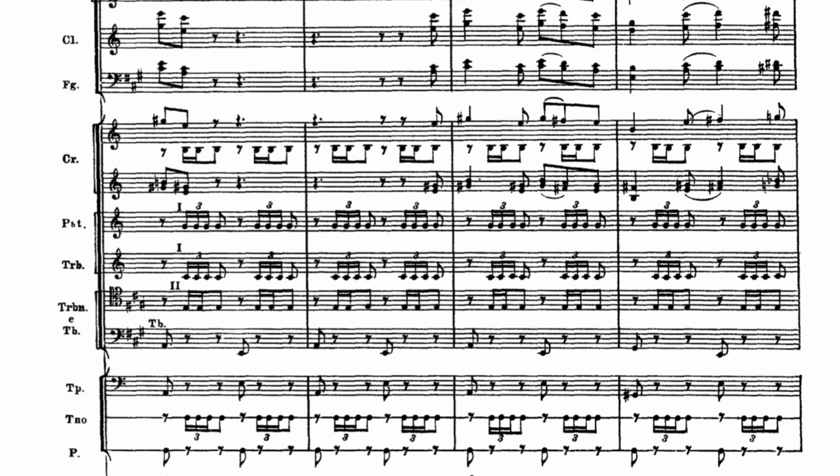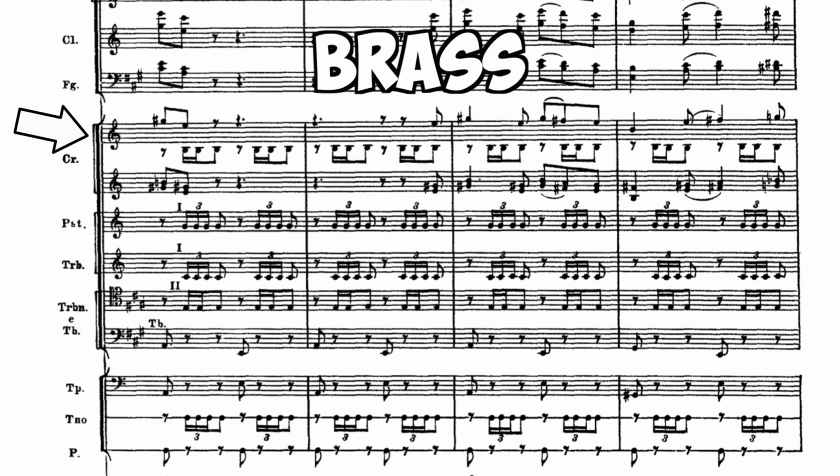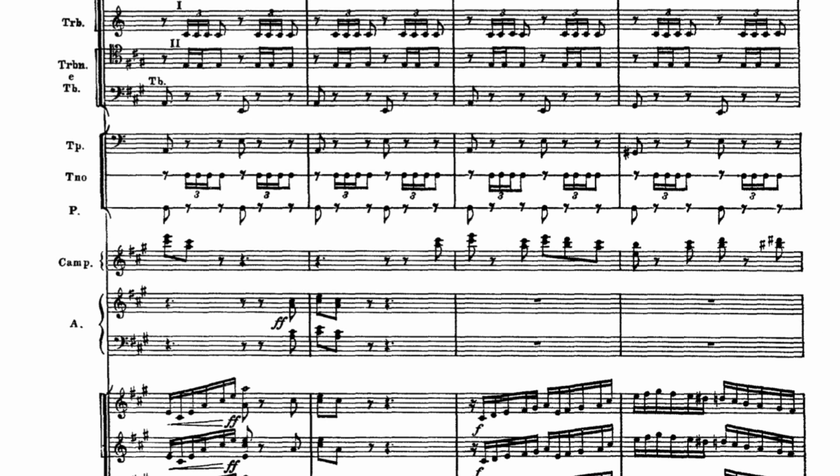The brass section is next, with the horns on top, the French horns. The trumpets, sometimes it's called pistons, cornets, trumpets, usually in orchestra. And then you have the lower brass, the trombones, and the tuba section. Now below that you have the percussion instruments.